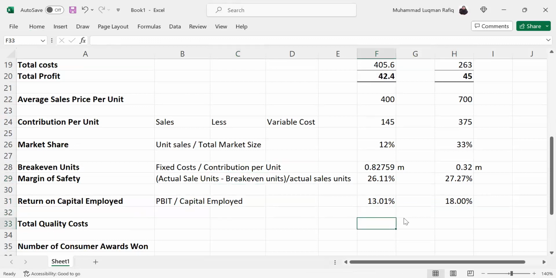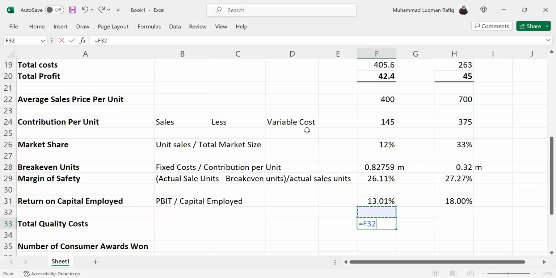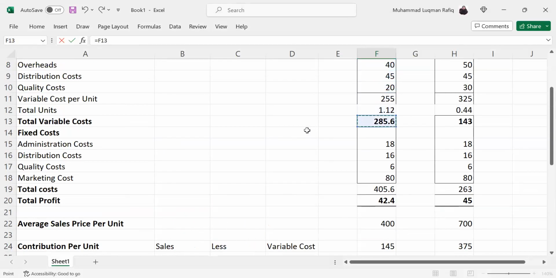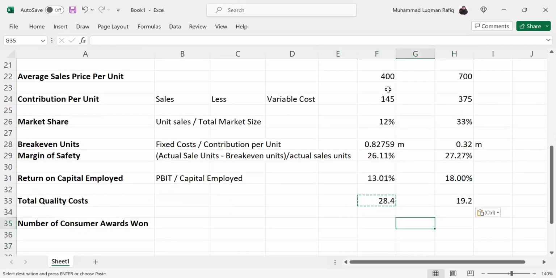Then you've got total quality cost. Total quality cost was here per unit from the variable cost. Then there is this further cost. So it's actually going to be 6 million plus, bracket open, 1.12 multiplied by 20. This is what total quality cost is going to be.